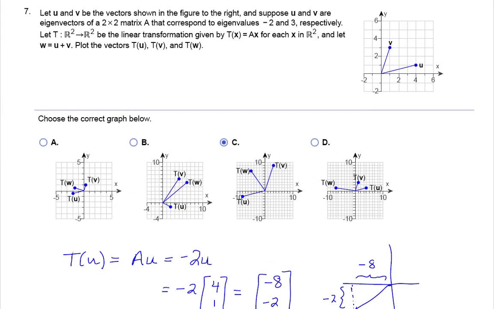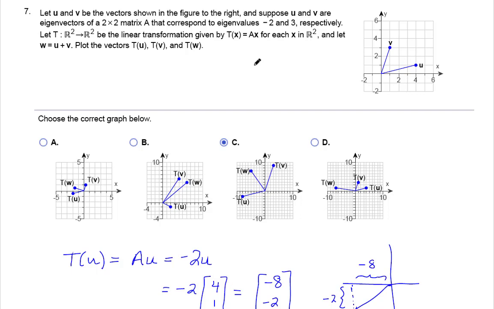Now in our last problem, we have vectors u and v, and they each have specific eigenvalues. u has -2, v has 3. We have our linear transformation T, which maps R2 into R2, and it does it by multiplying by matrix A. All right, so let's see.